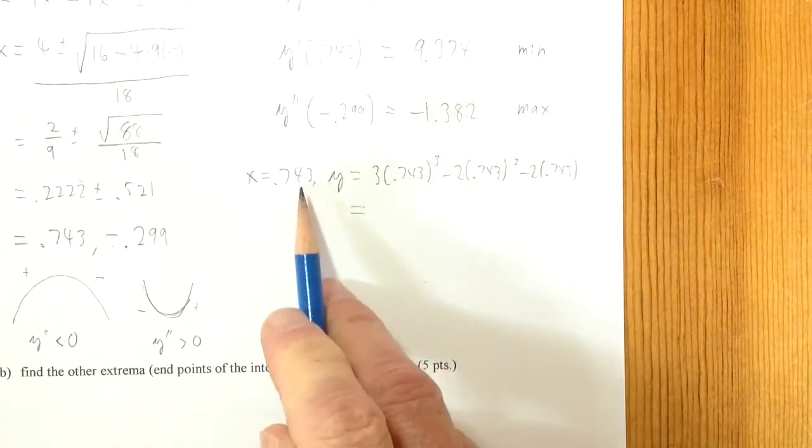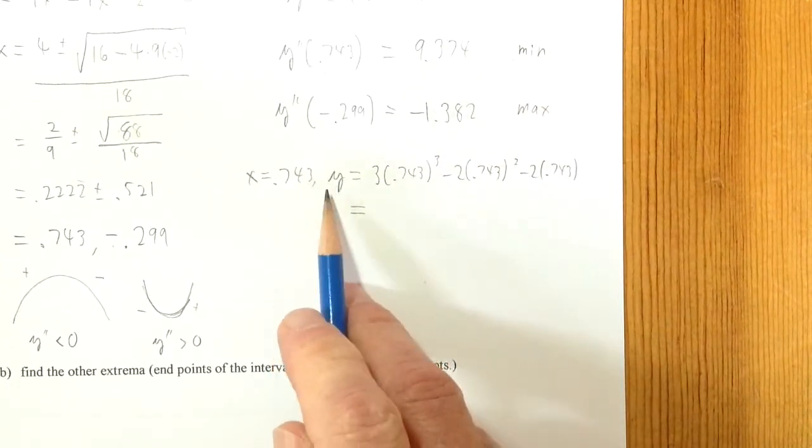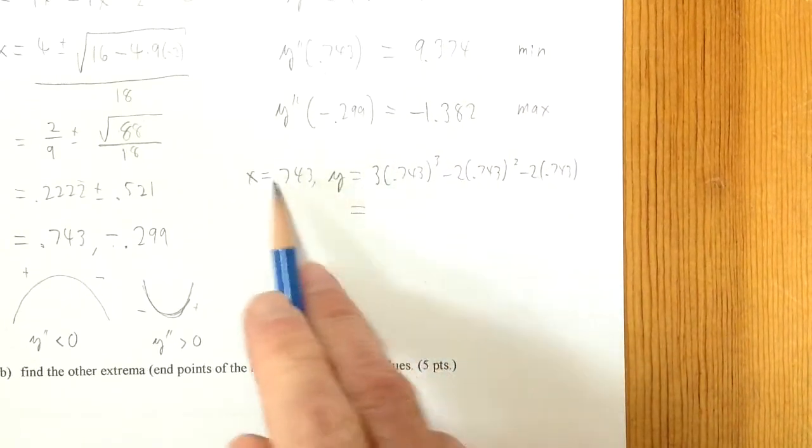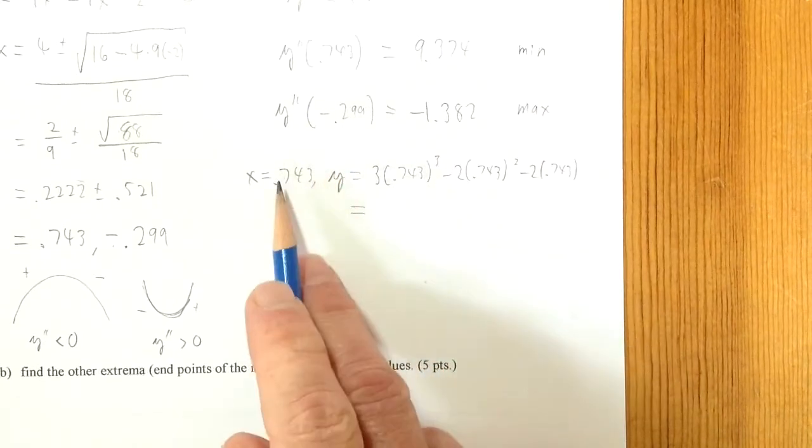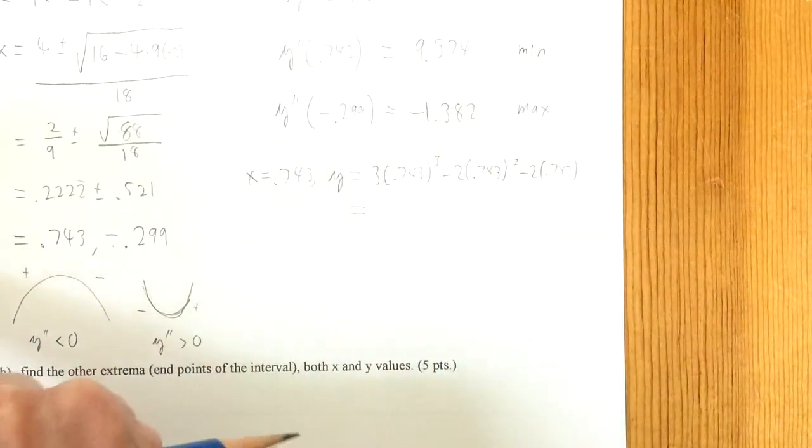The reason we want the points is because we're going to graph them. We want to get the major points, the max and min, so we can actually graph them. We know the x, we want to know the y too. So that's why we're doing this.